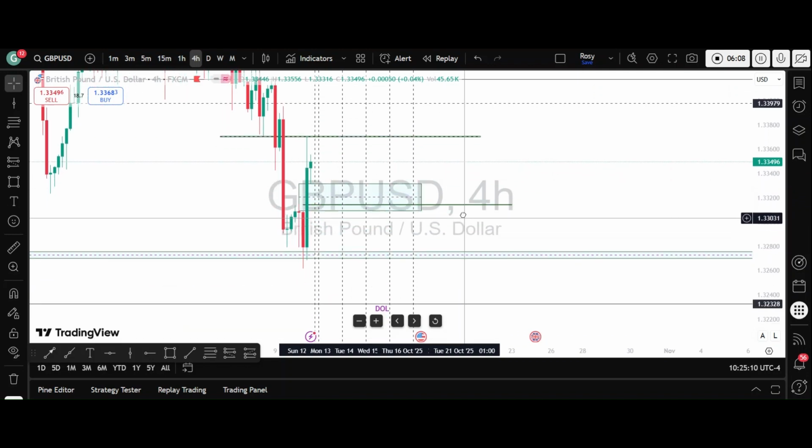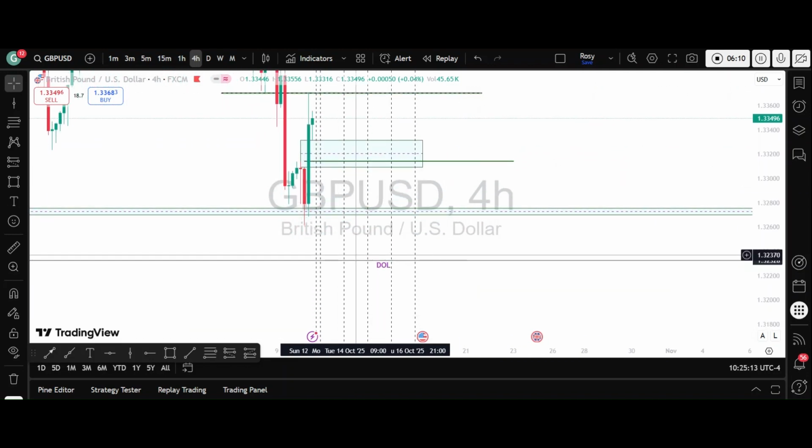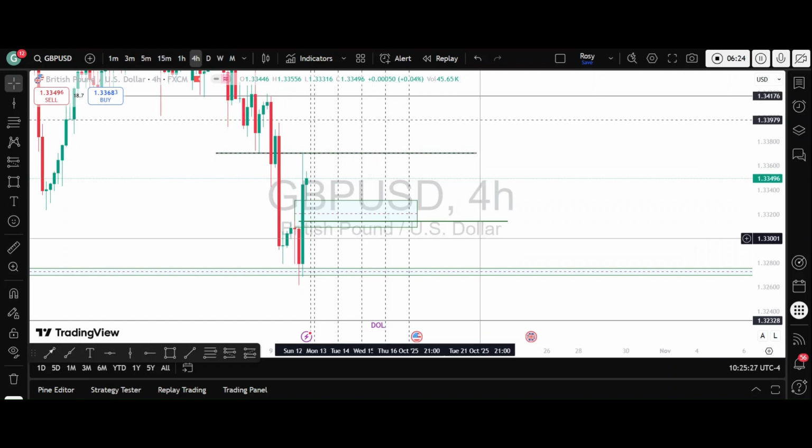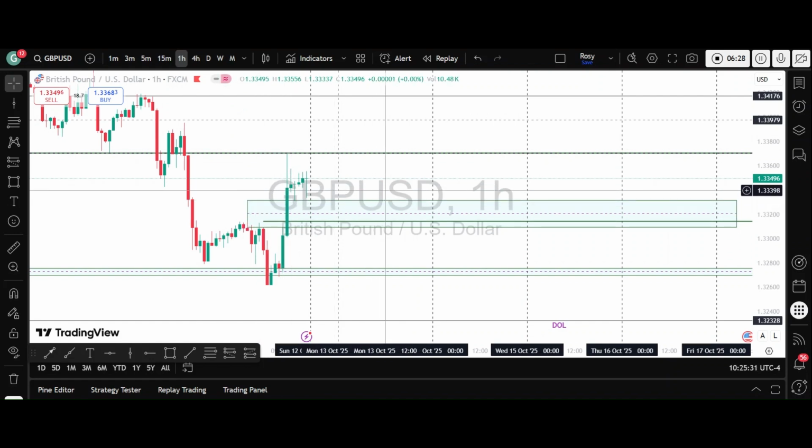If price gets to this area, that means the sell has already taken place, and then we have to get a reaction here before the buy comes up. If price goes up before coming down, then I'm going to be looking at these key areas for my sell to take place. Then dropping to a lower time frame, which is the 1H, makes it even clearer and better.